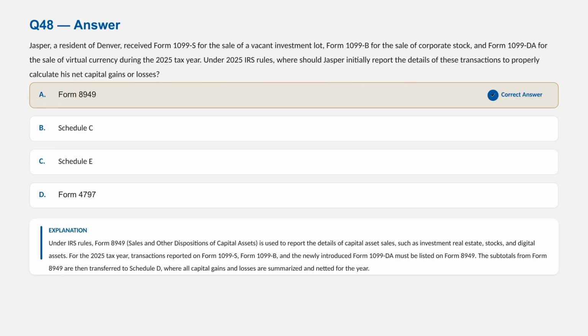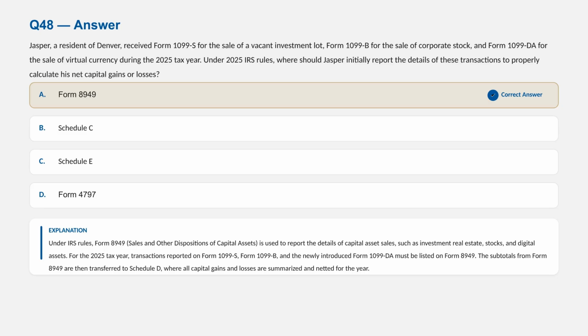The correct answer is A. Form 8949. Under IRS rules, Form 8949, Sales and Other Dispositions of Capital Assets, is used to report the details of capital asset sales, such as investment real estate, stocks, and digital assets.